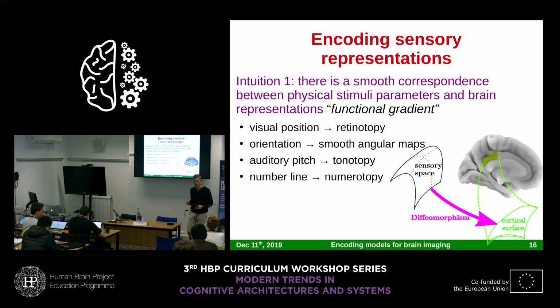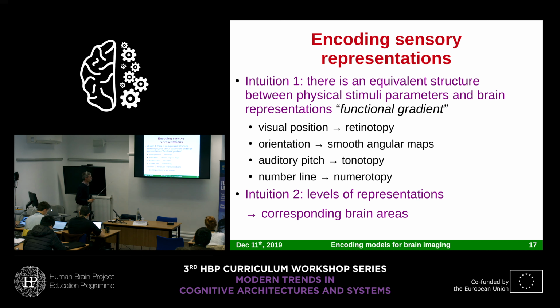If you study the auditory cortex, you will see that some voxels are more responsive to some frequencies of the audio content, and there is a continuous mapping between the frequencies and the location of the voxels in the auditory cortex. It's actually hypothesized that it's also the case for the representation of numbers with numerotopy, where the one-dimensional structure of the number line that represents the quantities organized in a topological line might correspond to a one-dimensional structure on the cortex.